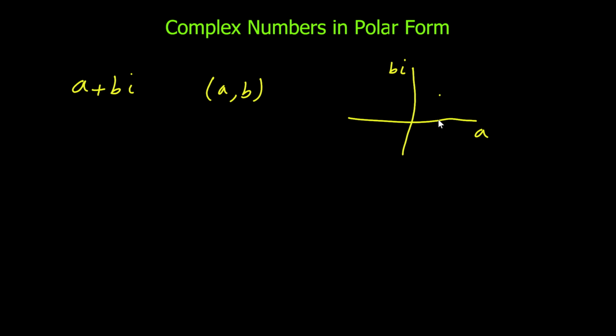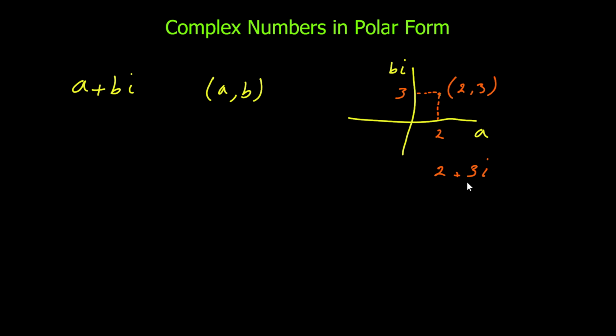So let's say we have this point in the complex plane, and that corresponds to 2 and, let's say, 3. So the point is going to be 2 and 3.